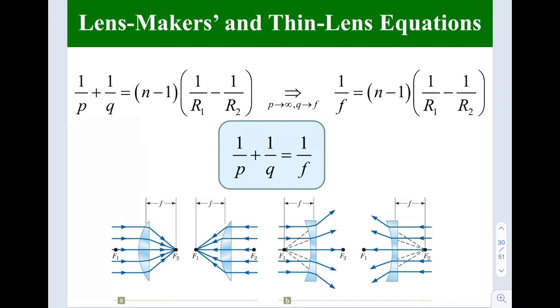By using equation 35.17, we can write equation 35.16 in a form identical to equation 35.6 for mirrors, where we have 1 over f equivalent to 1 over p plus 1 over q. This is known as the thin lens equation, which relates the image distance and the object distance for a thin lens and the focal length of the lens.